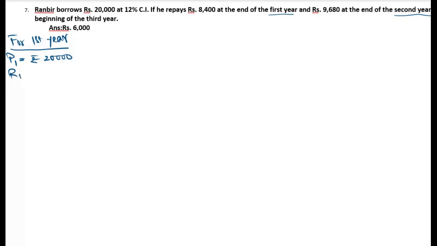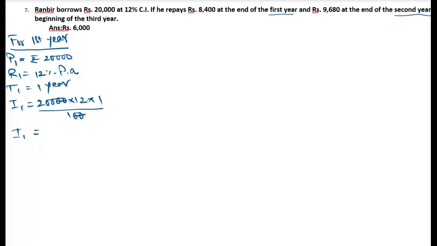The rate is 12% per annum, time 1 year. So interest will be P1 R1 T1 upon 100. So I1 is equal to 2,400.